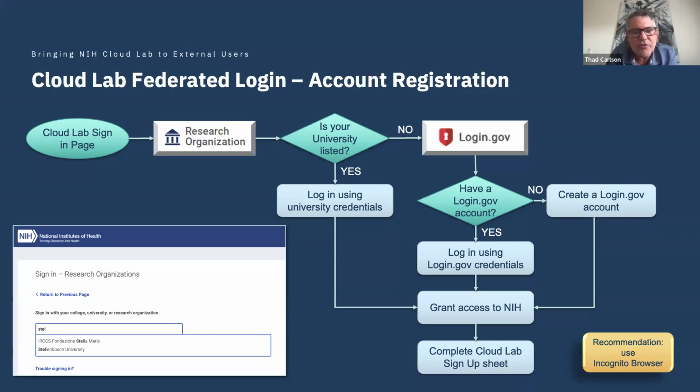We use your university credentials, including multi-factor authentication, to grant access into the NIH environment. If for some reason your university is not part of InCommon Federation, then you can type login.gov here, and we use that pathway to get you in, and then you can sign up to have a Cloud Lab account provisioned to you. So that's just the sign up process.